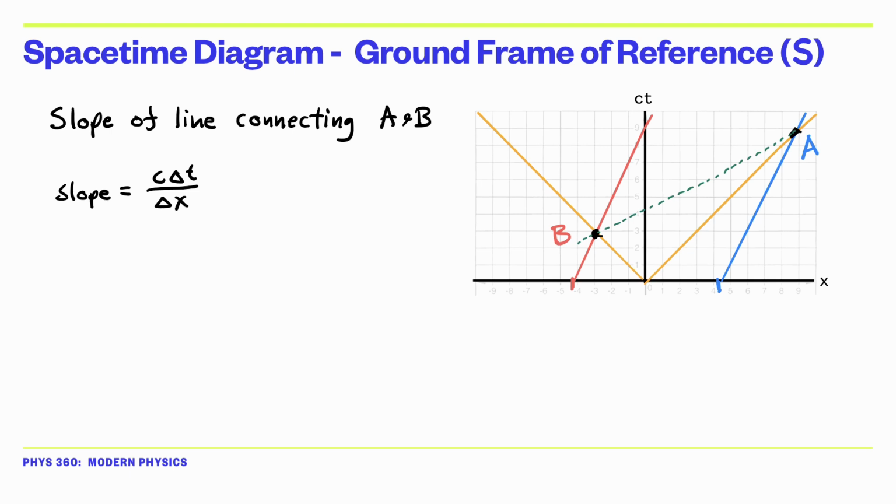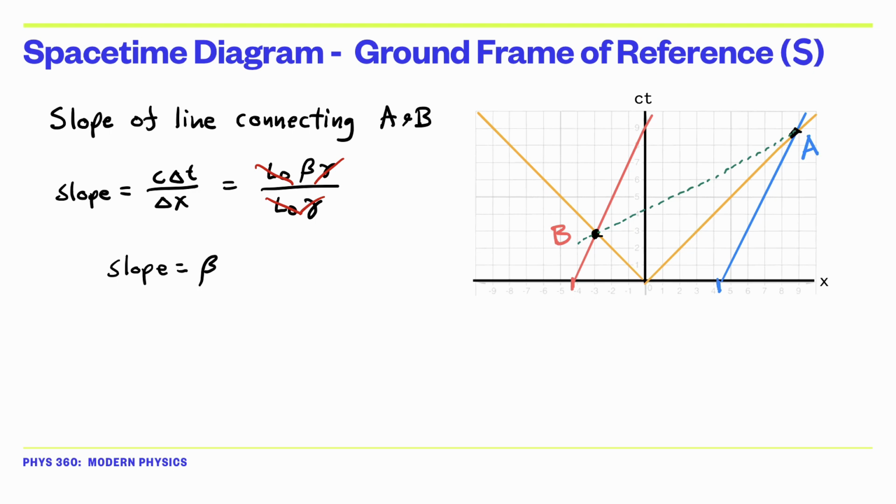We just found an expression for c delta t, which is L0 times beta gamma. We leave it as a homework problem for you to solve what delta x is, but it's equal to L0 gamma. The L0s and gammas cancel, and we find that the slope is simply beta.